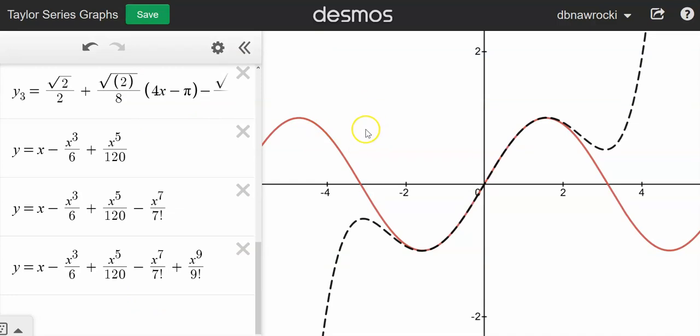Now here we have a graphic of how our Taylor polynomials look in comparison to the sine function. So notice that what we have here, this curve is the graph of our sine function. Okay, so that curve right there, that's our sine.